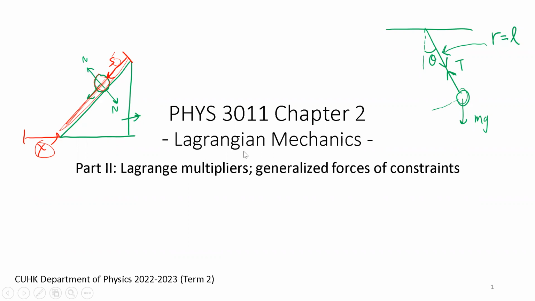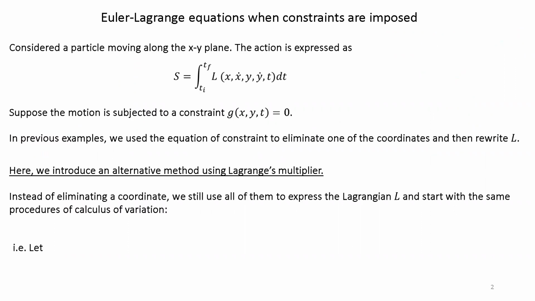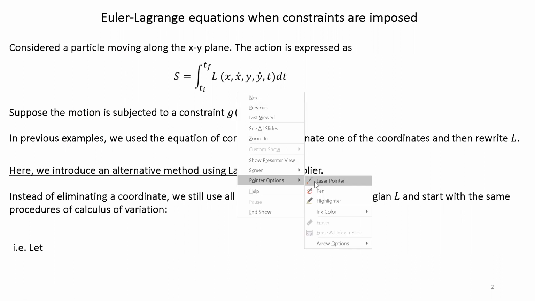And that's what part 2 of this chapter is about: using the Lagrange equation with the Lagrange multipliers. So before we work on physics, we need to go back to some math, just again some reminder over here.